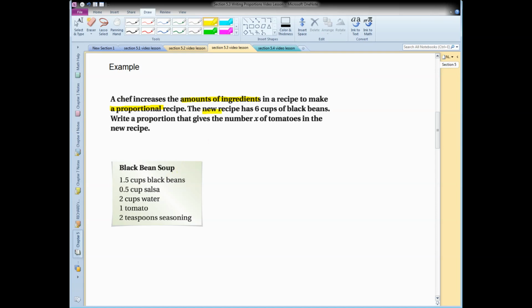So the new recipe has 6 cups of black beans. We want to write a proportion that gives the number X of tomatoes in the new recipe. What information would be important? The new recipe has 6 cups of black beans, the original one has 1.5 cups, and the original one also has 1 tomato.